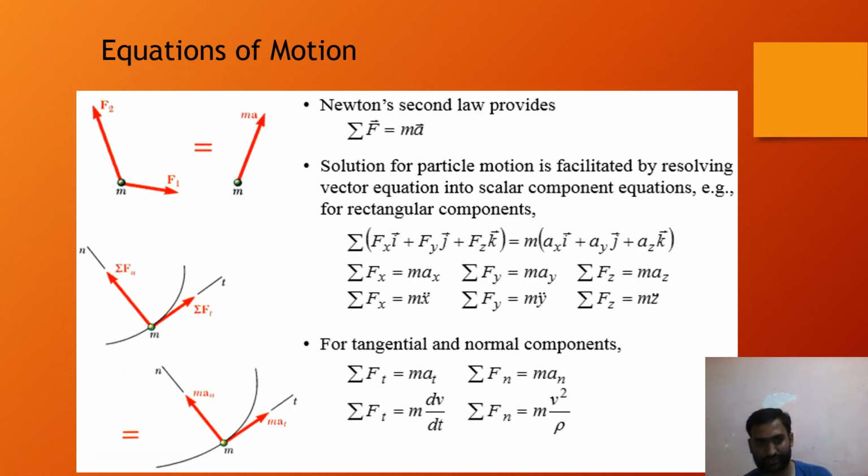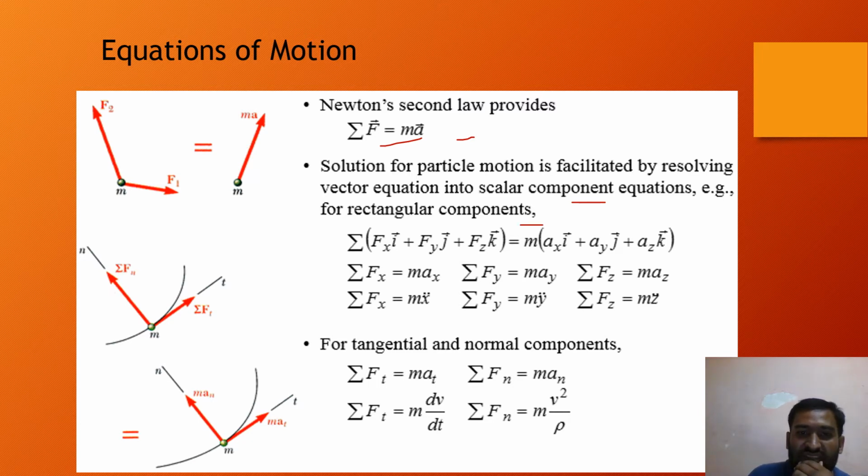Equation of motion. Okay, here I will just give an overview of the equation of motion. Newton's second law provides summation of F is equal to ma. The solution for particle motion is facilitated by resolving the vector equation into scalar component equations, for example, rectangular components.